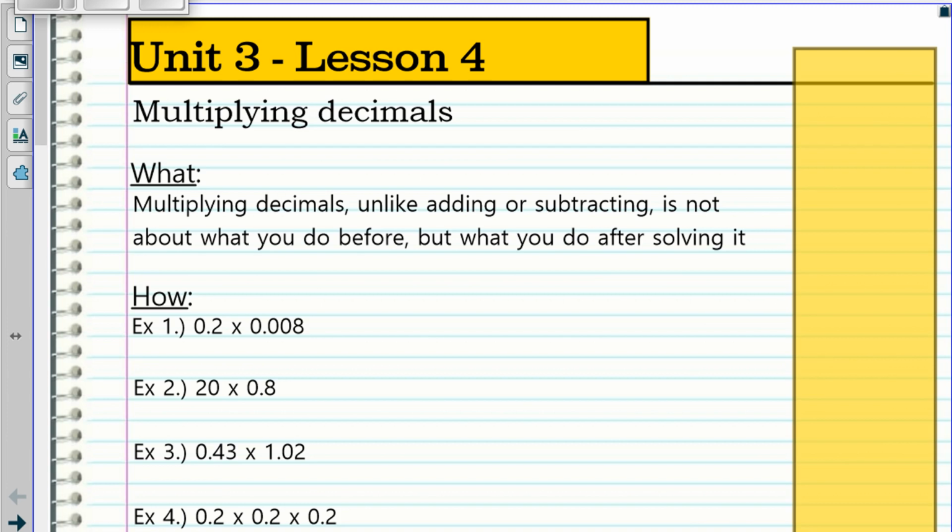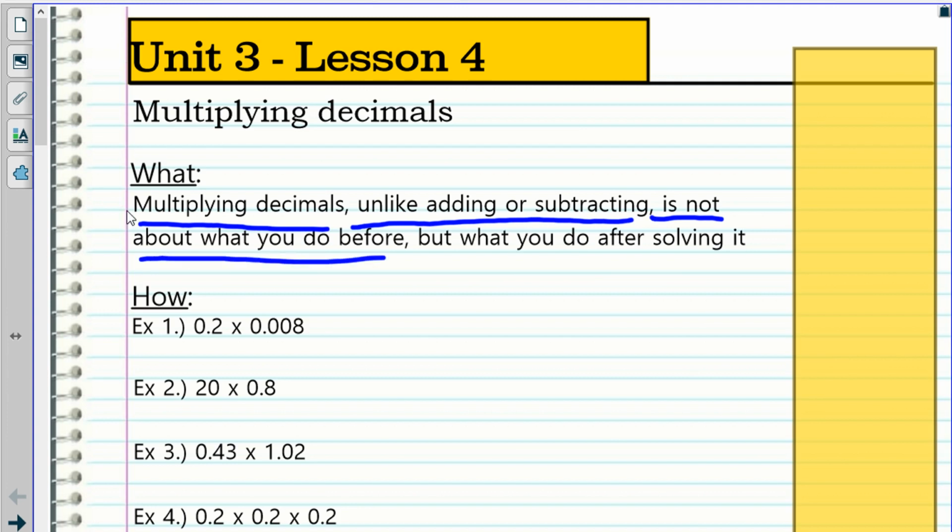Now, when multiplying decimals, unlike adding and subtracting, it's not about what you do before. So you remember when we do adding and subtracting decimals? You have to line up the decimals here, this decimal and this decimal, right?